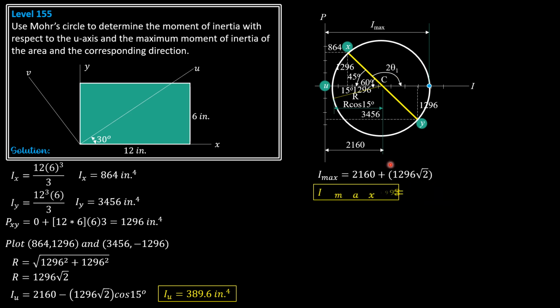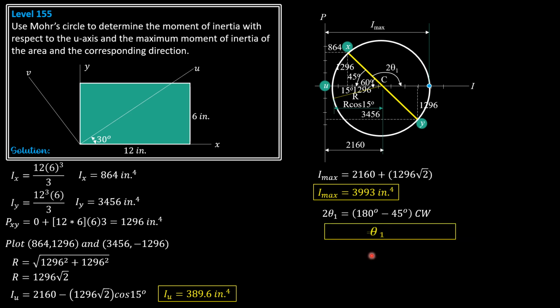So I max therefore is 3,993 inches to the fourth. Then 2 theta 1 is 180 degrees minus 45 degrees clockwise. Theta 1 is clockwise, and that's a negative angle. So theta 1 is equal to 67.5 degrees clockwise, or you may finalize the answer as negative 67.5 degrees. It is understood clockwise. So that's it for this problem.